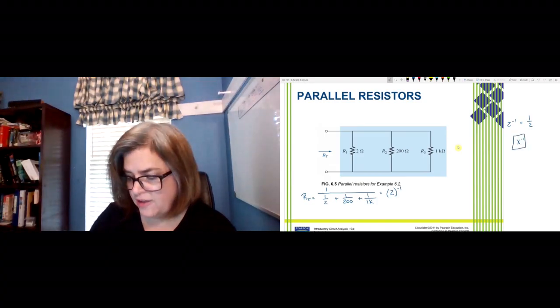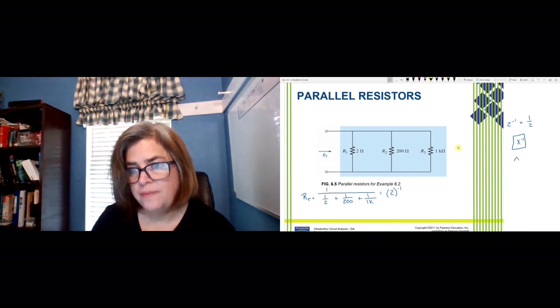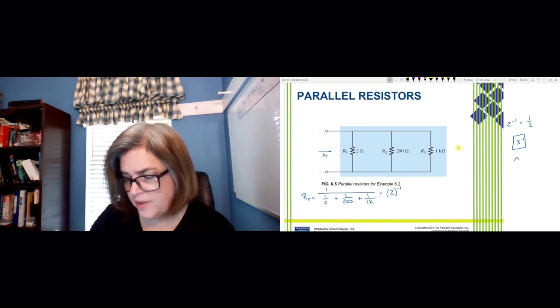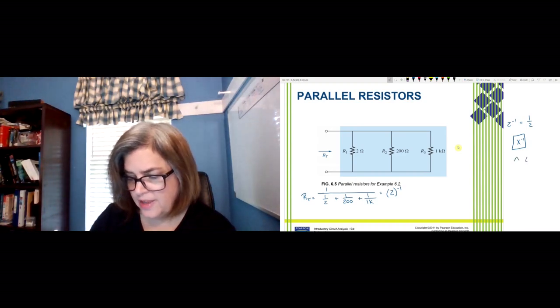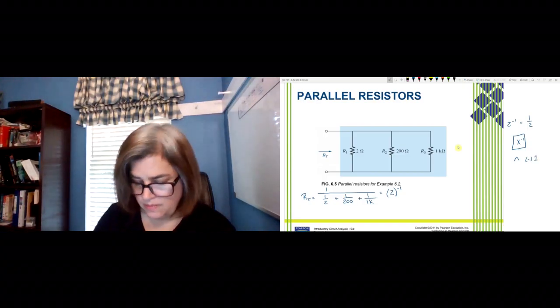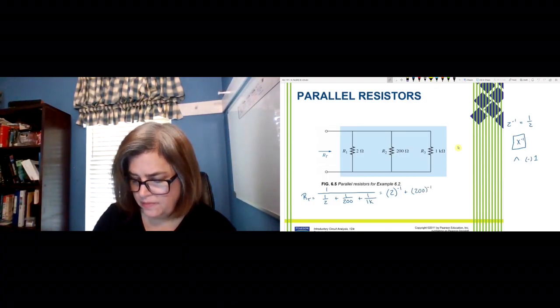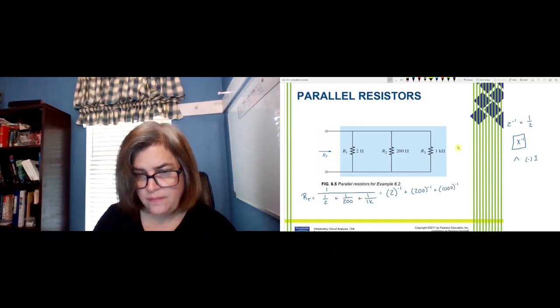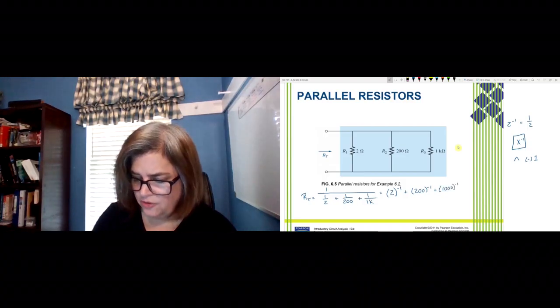You might actually have to use the exponent button and then type in the negative and 1 after it. And then I will add the next one, so 200 raised to the -1 plus 1,000 raised to the -1, and then I hit enter.